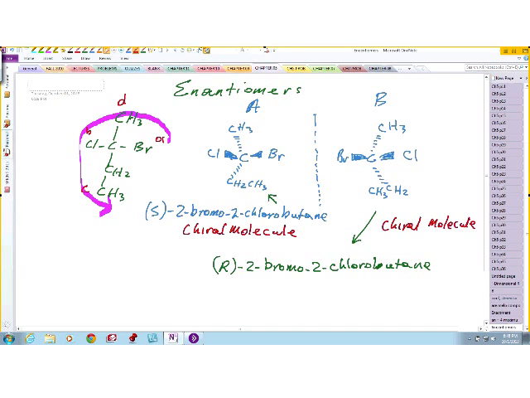Okay. Each one of these will also be what we call optically active. Any chiral molecule will be considered optically active. This is also optically active.